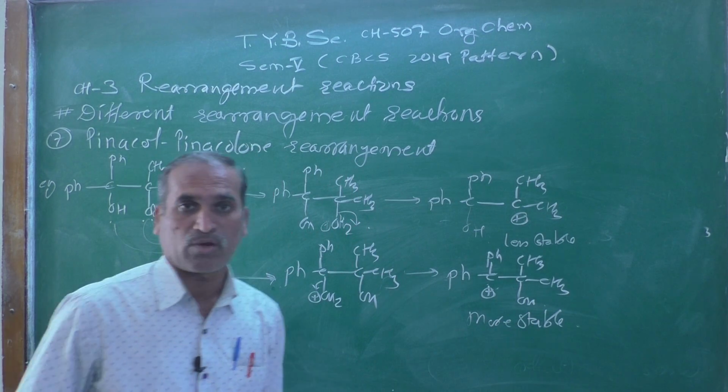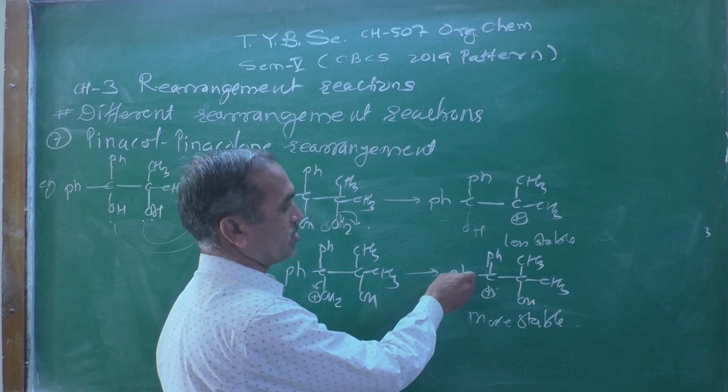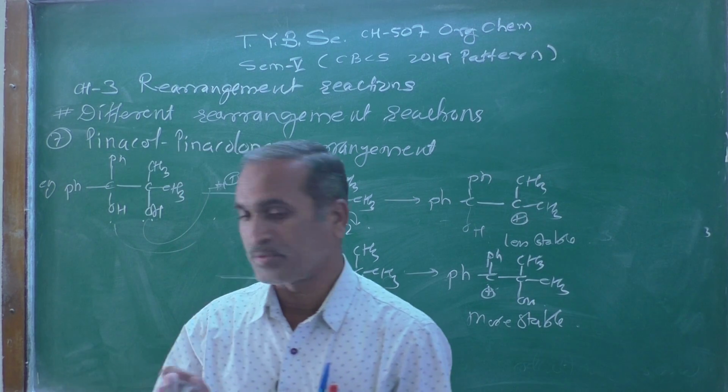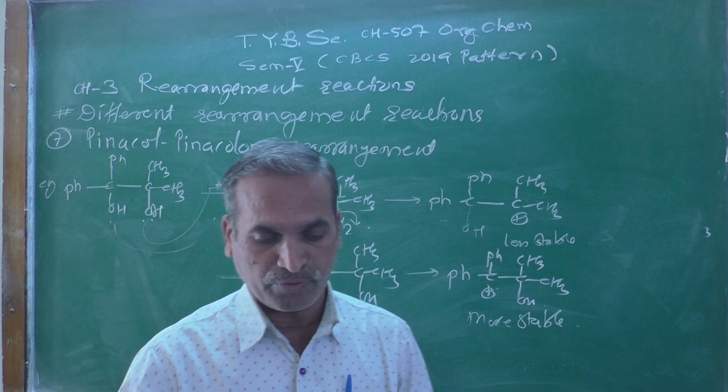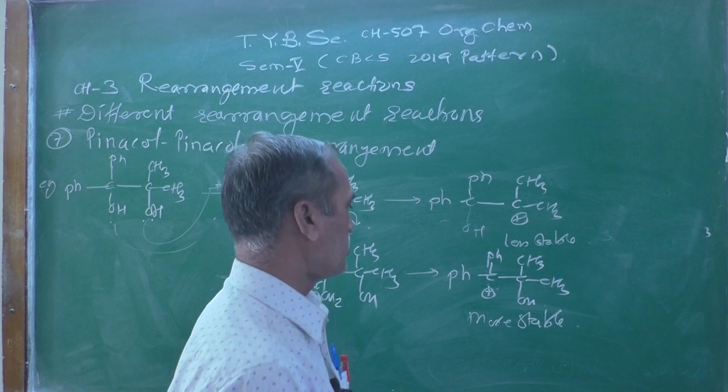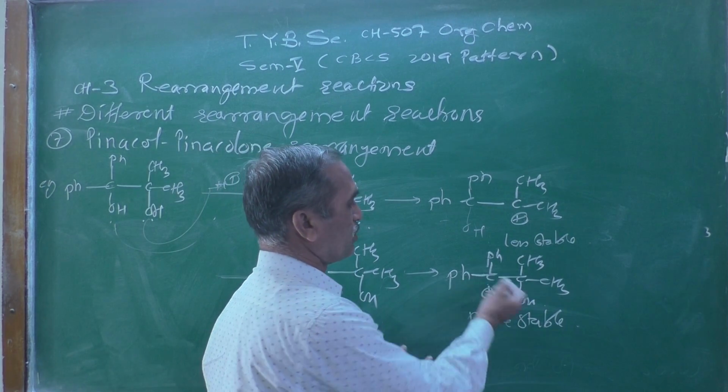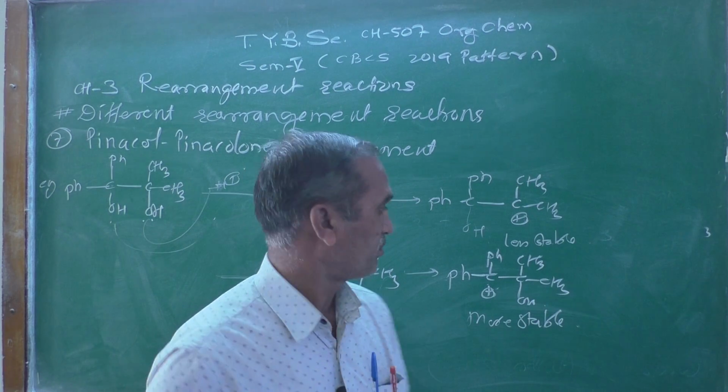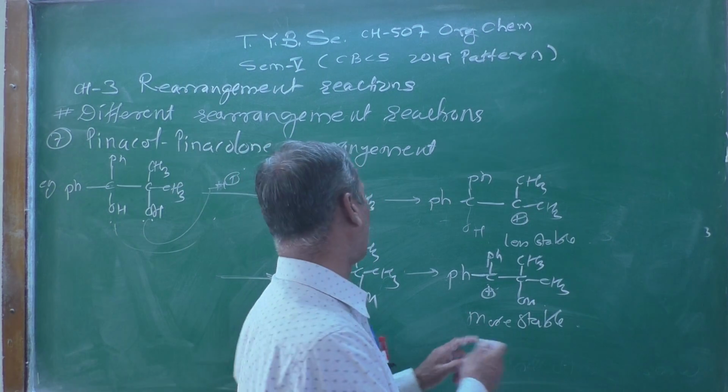Why a more stable carbocation? Because there are two phenyl groups, and due to these two phenyl groups it is stabilized by the resonance effect, and that's why it is more stable.